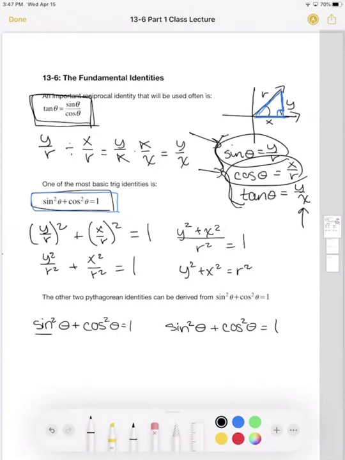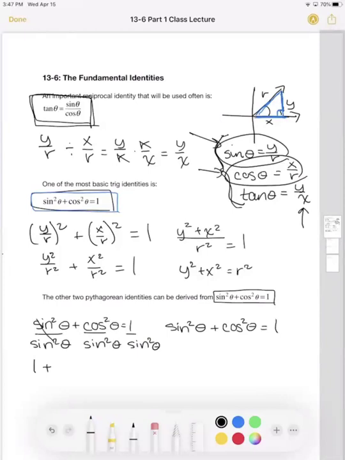The first thing I'm going to do is take my basic Pythagorean identity that we just derived, and divide every term in the equation by sine squared theta. And what do I get? This becomes 1 plus, well, I've got cosine over sine.